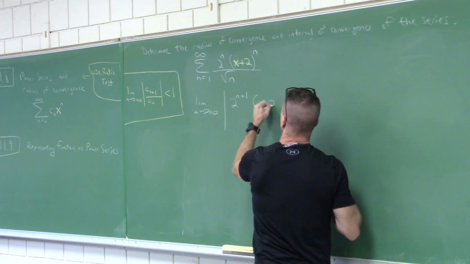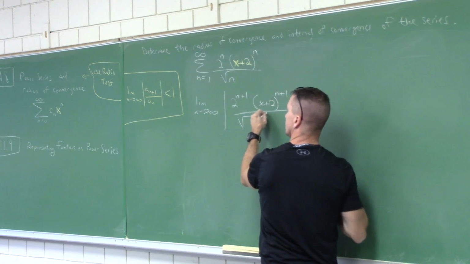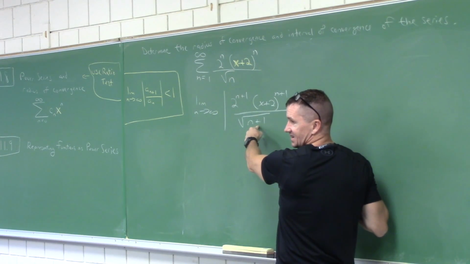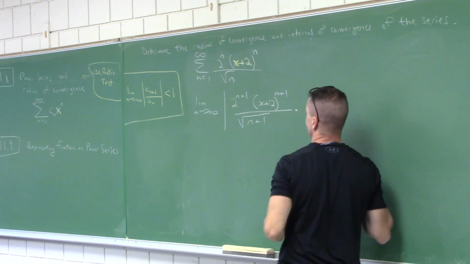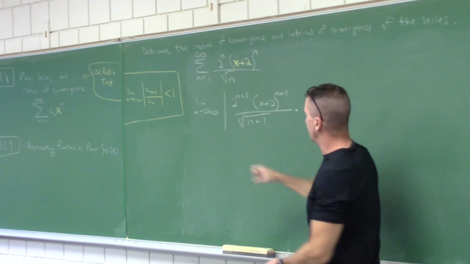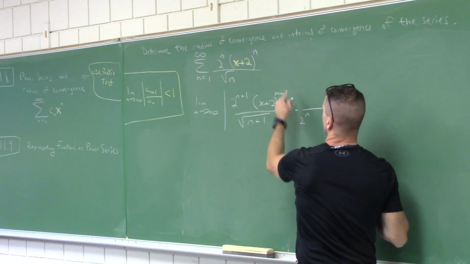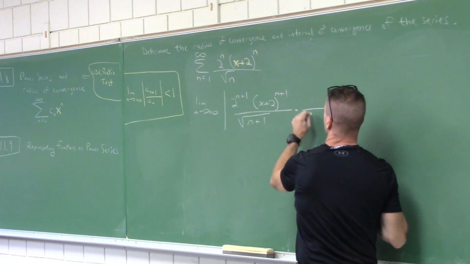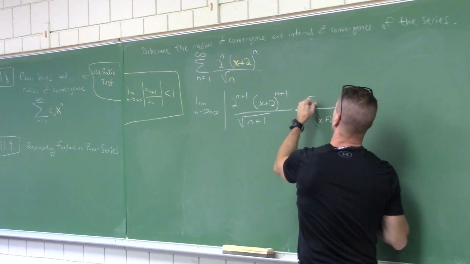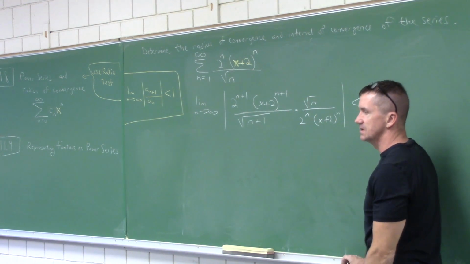That's x plus 2 to the n plus 1. That's the square root of n plus 1. Hey, Connor, okay with that? Yeah. Good. And then I'll divide by a sub n, which means multiply by the reciprocal. What goes down here? What goes up here? And this is when this limit is always less than 1. Always less than 1.